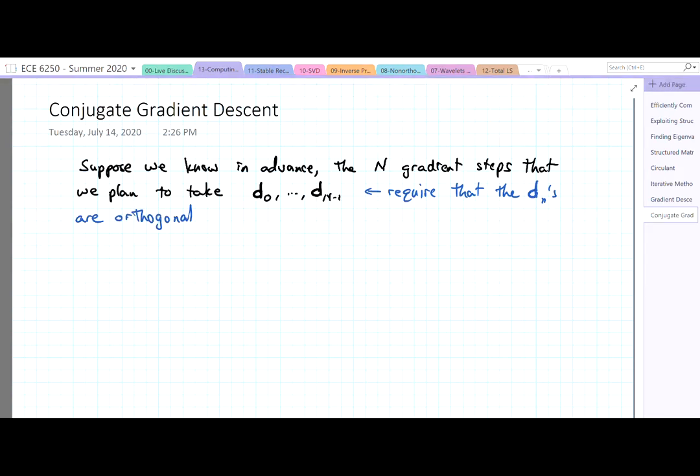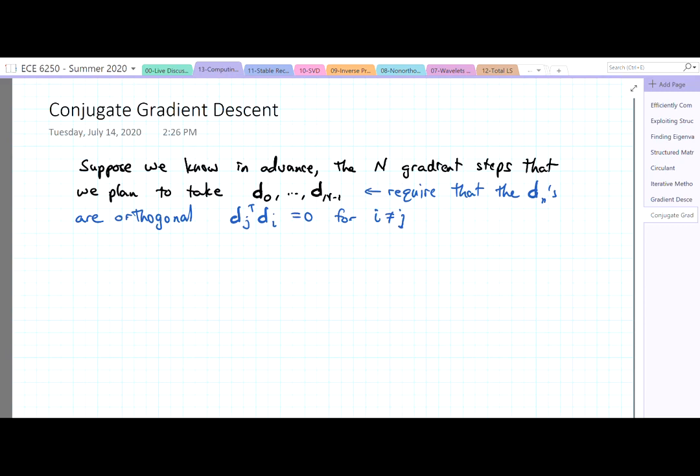But it does mean that dj transpose di is equal to 0 for i not equal to j.